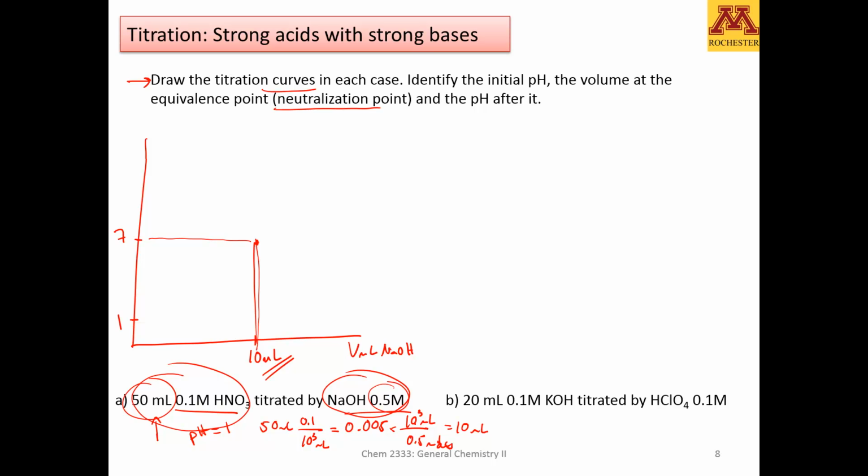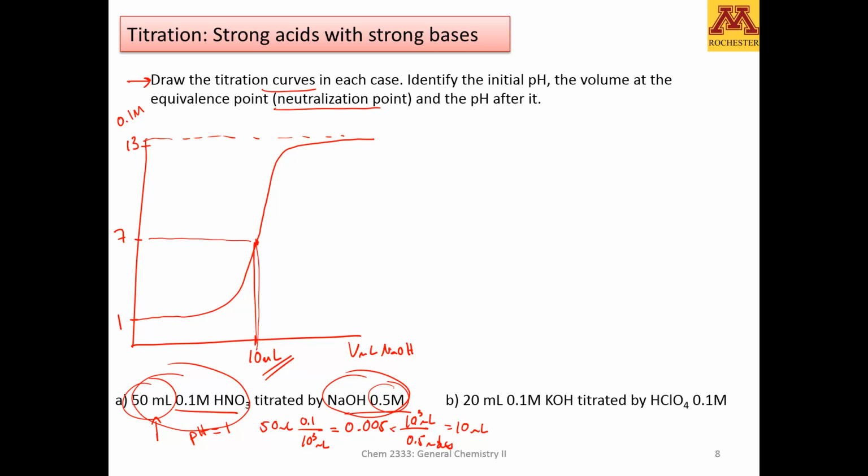And because it's 0.5 molar, you will have a curve something like this. And where is it going to go? It's going to go a little bit above 13, because if it were 13, it would mean that the pOH is 1, or the concentration tends to 0.1. As you add more and more sodium hydroxide, this should tend to 0.5. So it should be a little bit above 13.